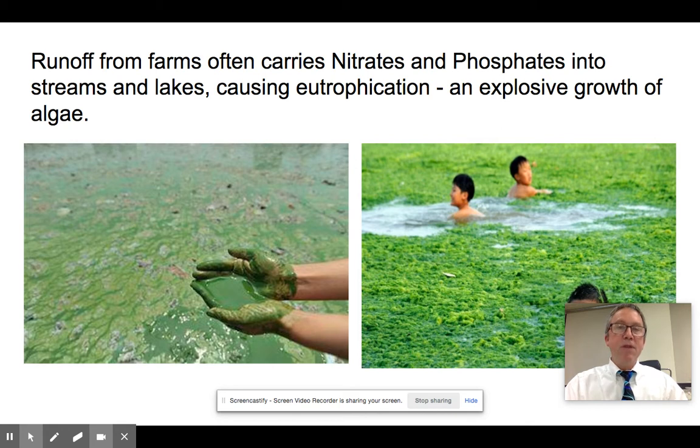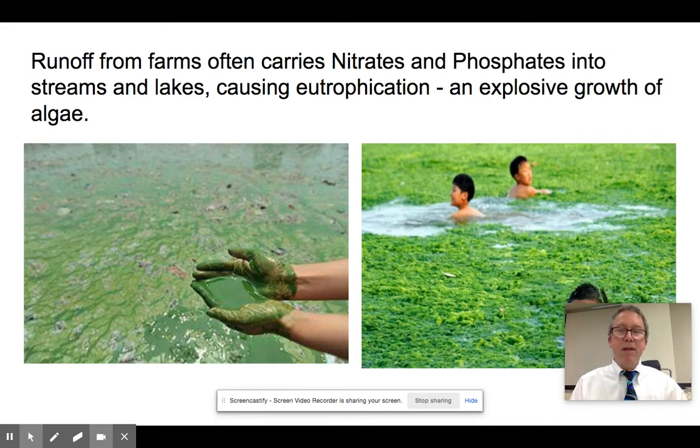problem called eutrophication. That's something we're going to cover in a separate screencast because it's such a big deal. But eutrophication basically goes like this: if you put a whole bunch of nutrients into surface water, then the streams and lakes in which those nutrients are arriving are able to support vast, rapid growths of plant life, especially algae, and that tends to cause the death of many of the creatures that live in these waters.